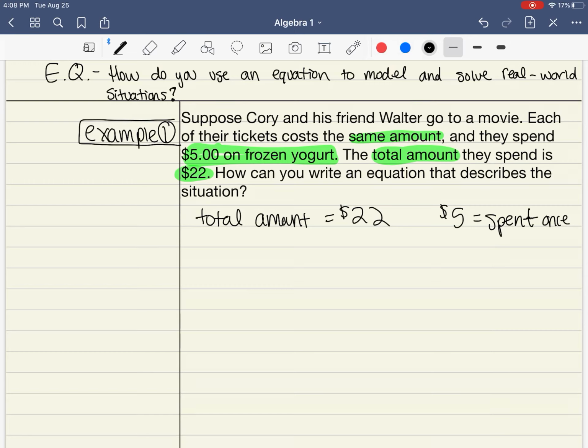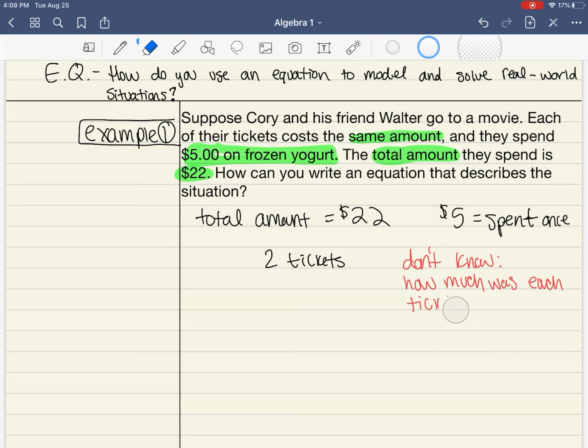So we are talking about 2 tickets. What we don't know is how much each ticket cost. So figuring out what we know and what we don't know first, writing it out, highlighting, can help us write an equation once we have it all out for us to see.